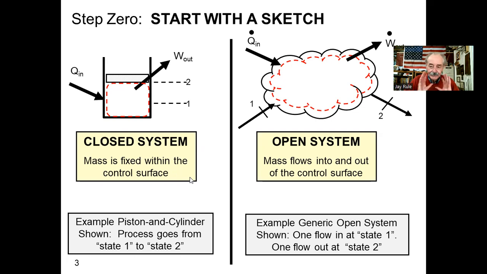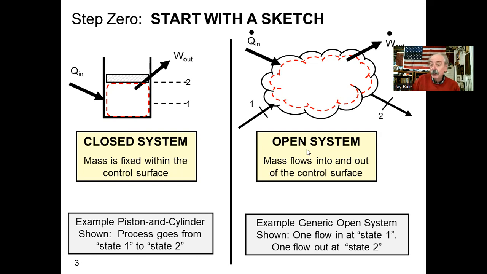But recognize that the key point about a closed system is that the mass is fixed within the control surface, where we started with a sketch, drawn a little dashed line. That's our control surface. And so the mass is fixed. What I've shown here on my sketch is we start at state 1, we end up at state 2. So we're undergoing a process 1 to 2.